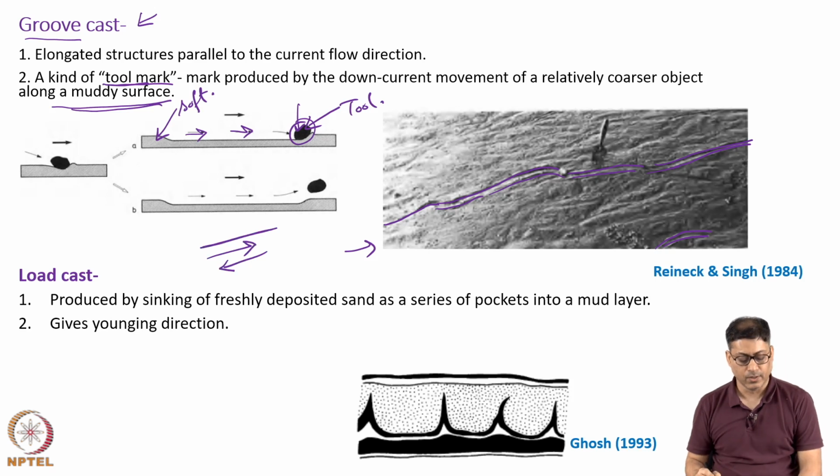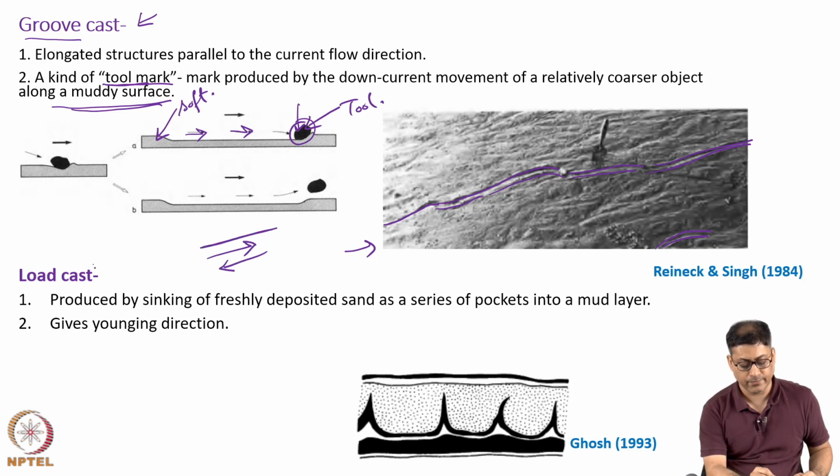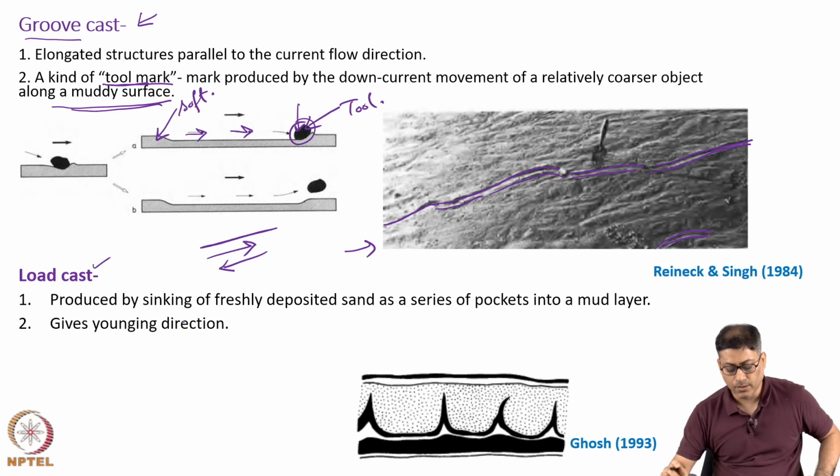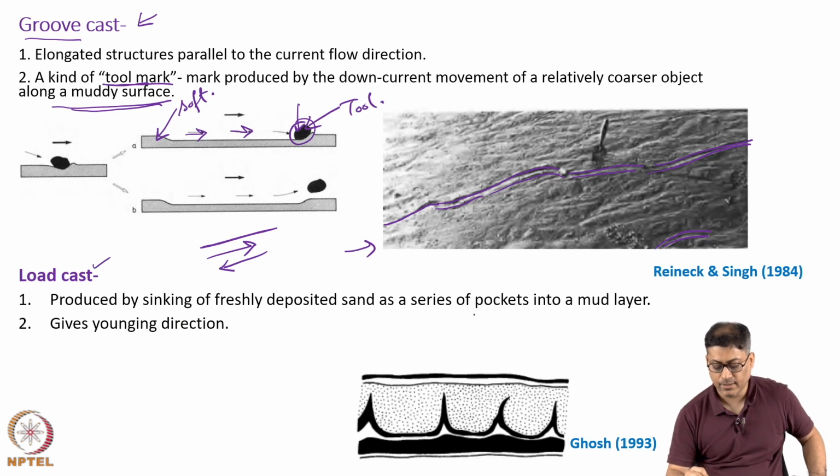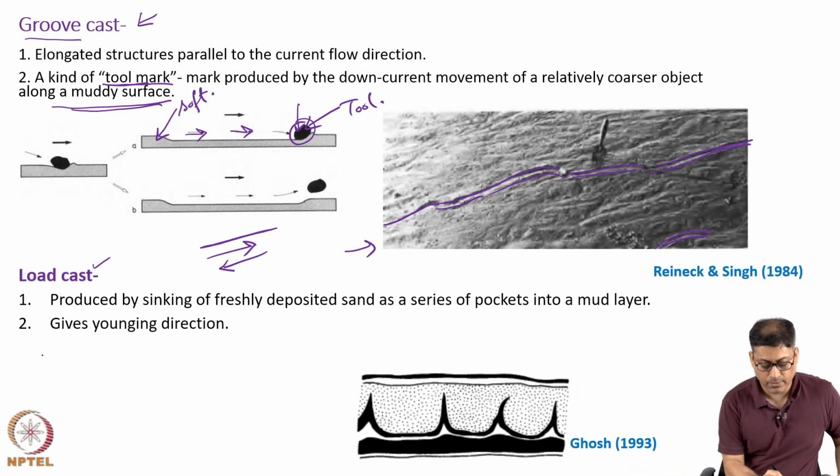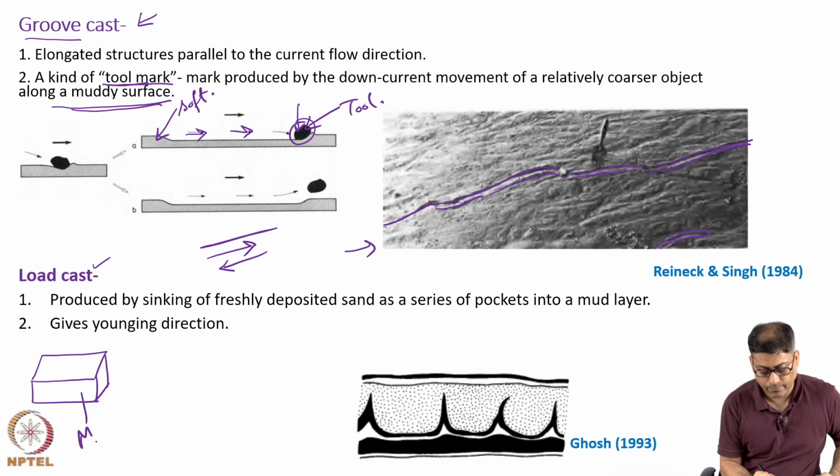direction. Load cast, interesting. It is produced by sinking of freshly deposited sand as a series of pockets in a mud layer. Imagine we have got a mud layer over which sand is being deposited.